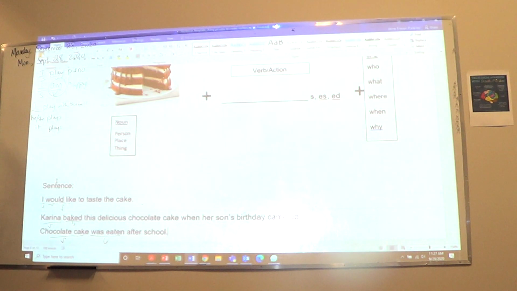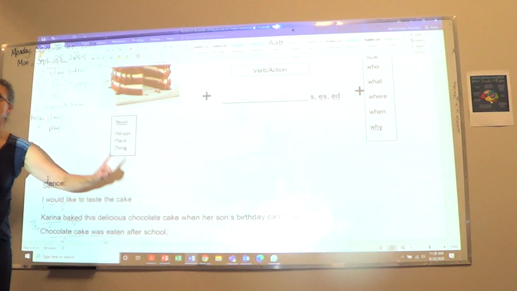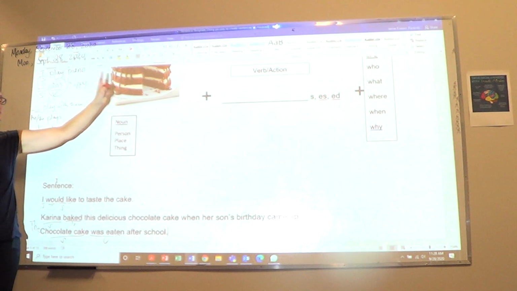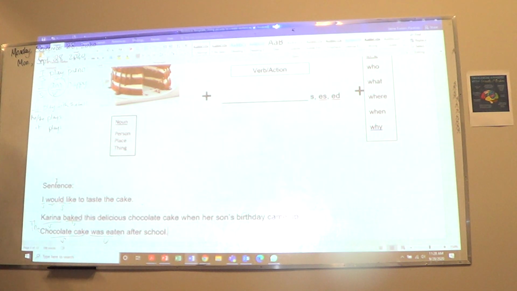If it happened one time, what would we need to do to this sentence? If it wasn't routine, it's just the one day. The chocolate cake was eaten after school, because now we're talking about this one specific cake, and that's our subject.